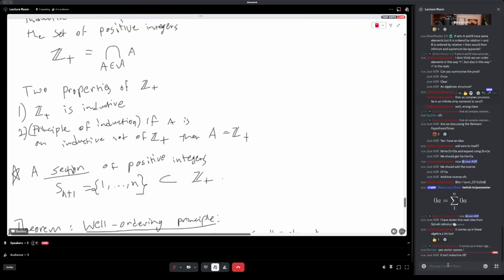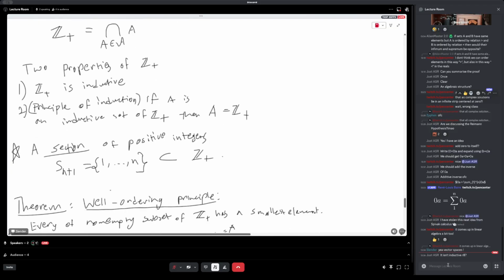A section of positive integers is defined like this. It's basically the set of all numbers that are less than n. So we go from 1 to n minus 1, basically the set of all integers that are less than n.